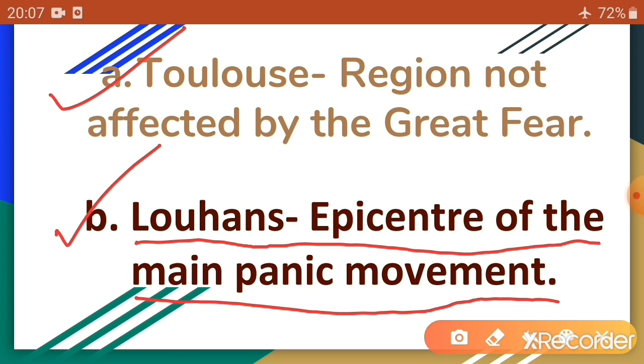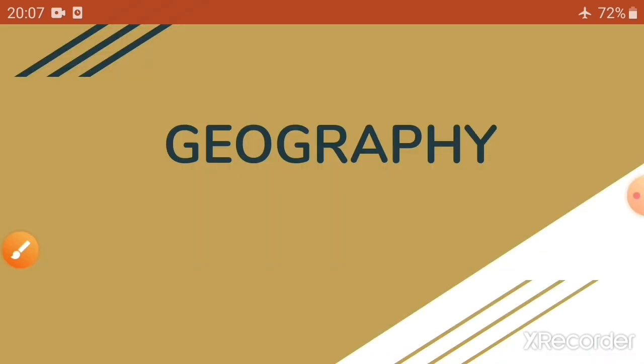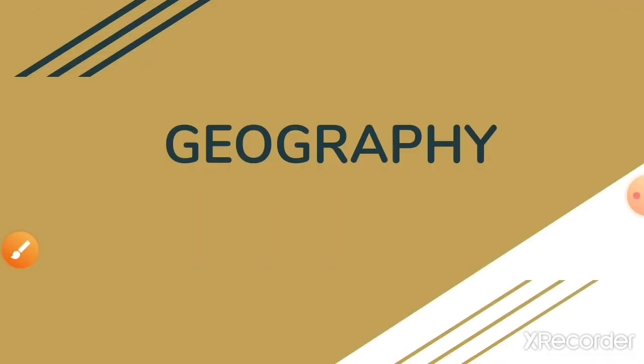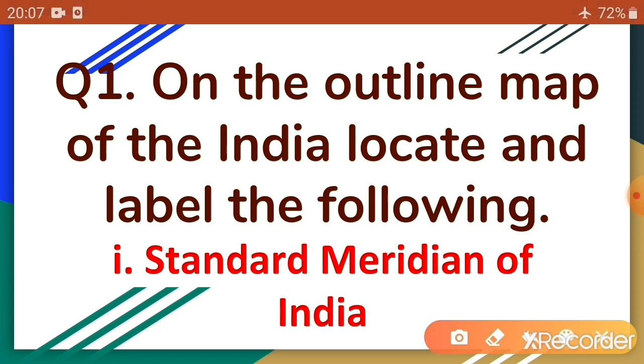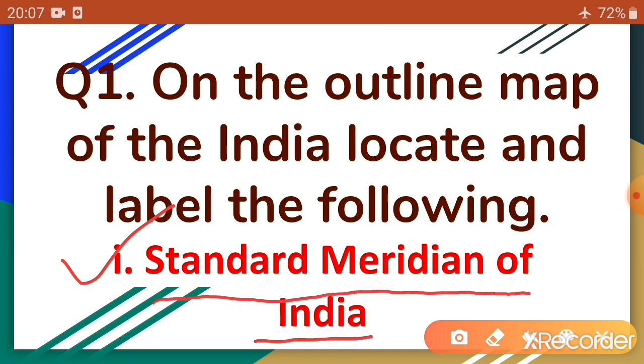Okay, now I'll move on to geography. Okay, now here also we will be doing map. On the outline map of India, locate and label the following. First one, standard meridian of India.